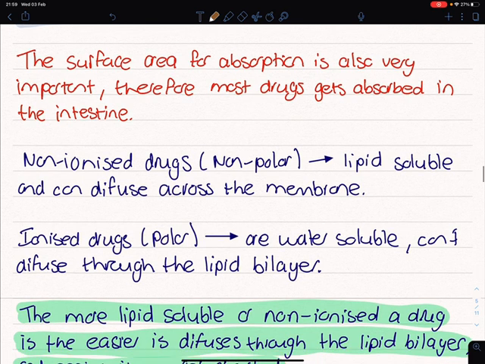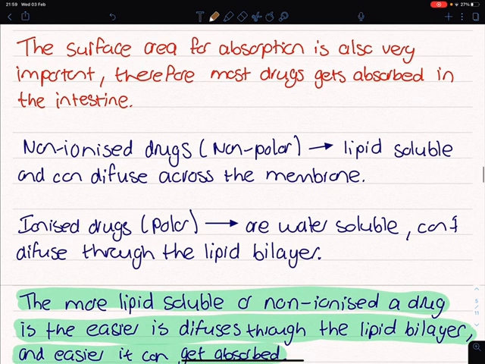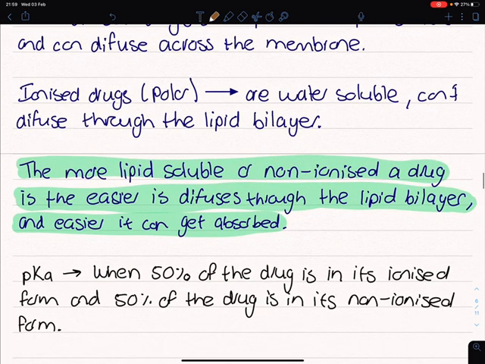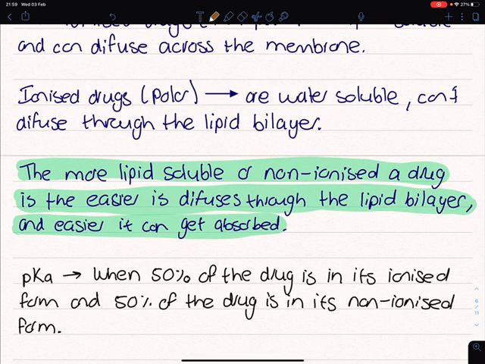Whereas ionized drugs are polar, water soluble, and can't diffuse through the lipid bilayer, so it means they can't be absorbed or distributed for that matter. So the more lipid soluble or non-ionized a drug is, the easier it diffuses through the lipid bilayer and the easier it can get absorbed.